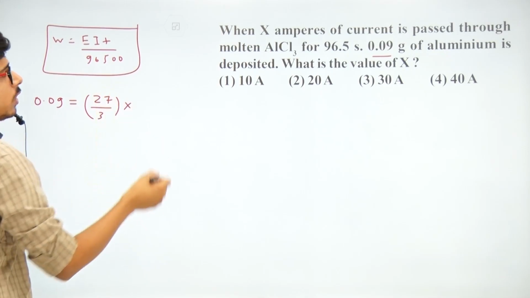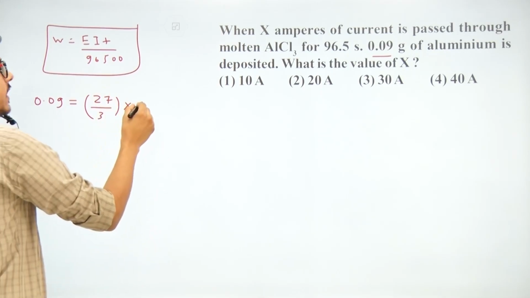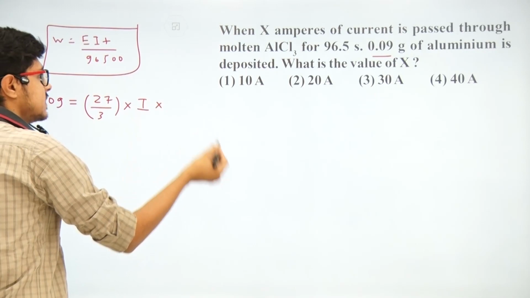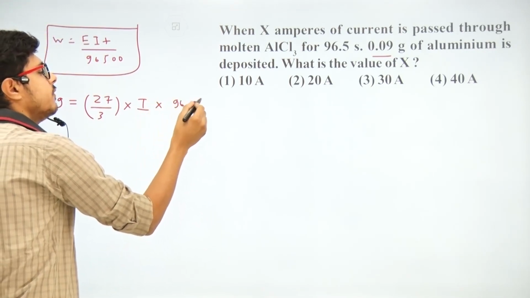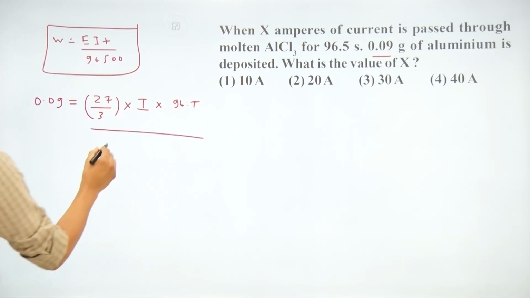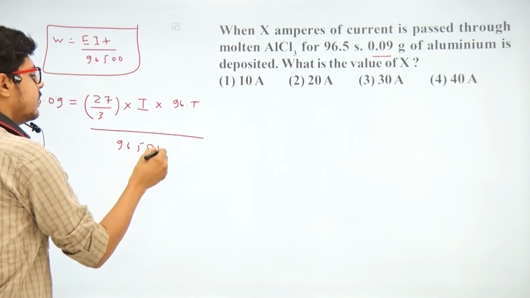Into current, which is given as X, I'm taking it here as I, into time, which is given as 96.5 seconds, upon 96500.